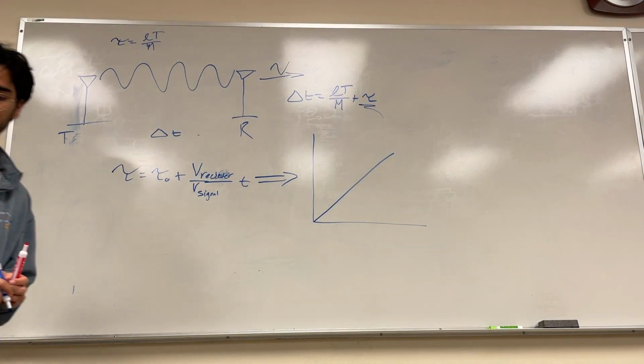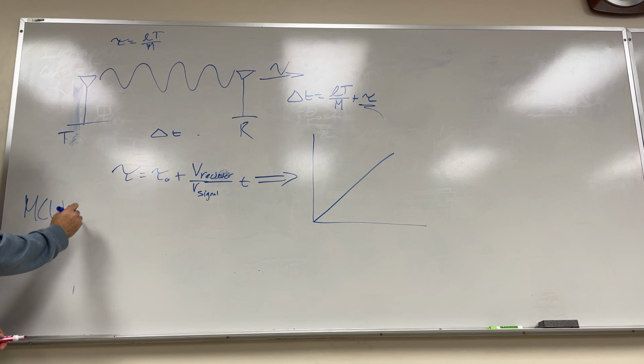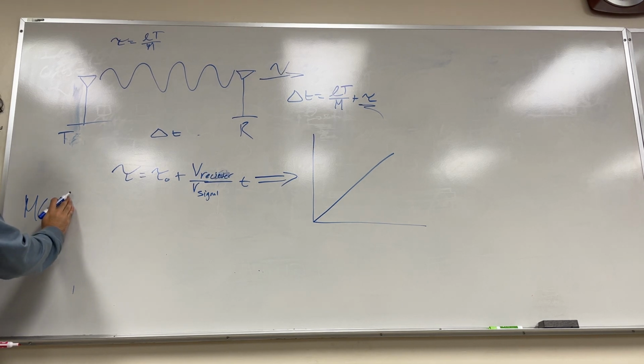Another problem to talk about is also internal in your hardware. You have microcontroller 1, which has its own definition of a 1 megahertz signal. We'll call it MCU 1.